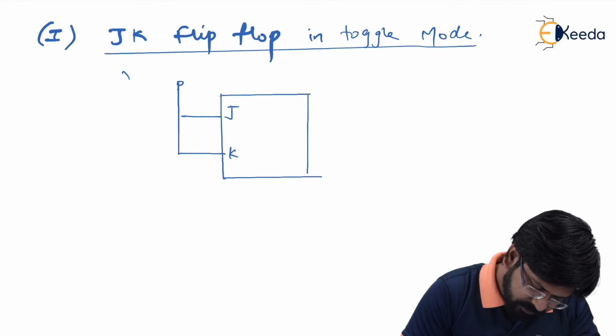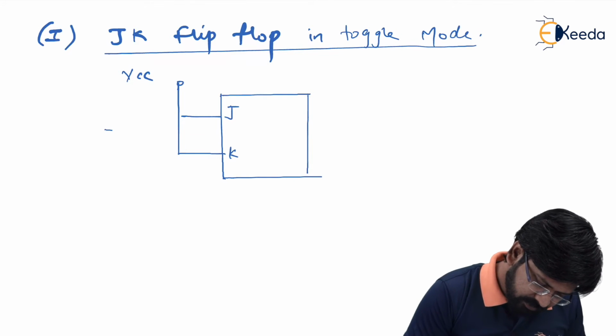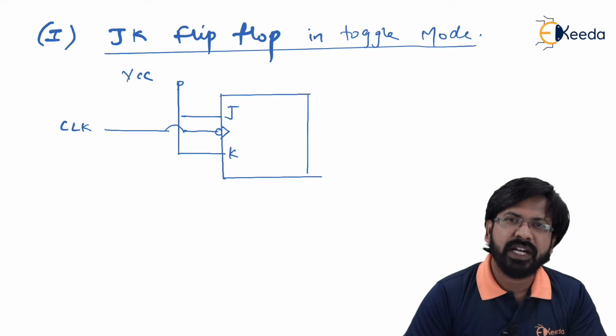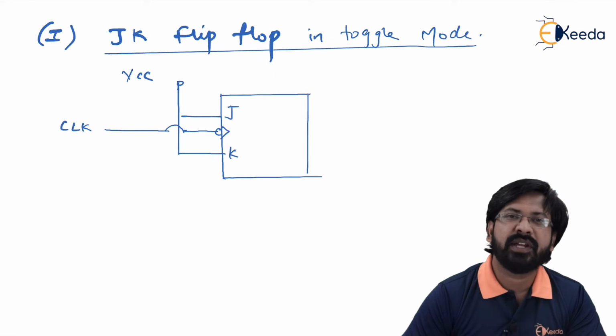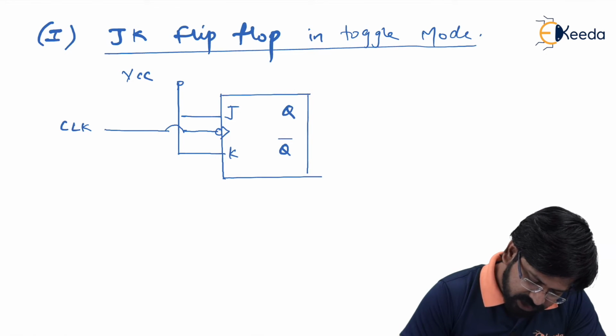As you can see here, J and K are shorted and then connected to VCC. The clock that I have drawn here is a negative edge triggering clock, as the JK flip-flop is negative edge triggered. And then it has two outputs, that is Q and Q bar.